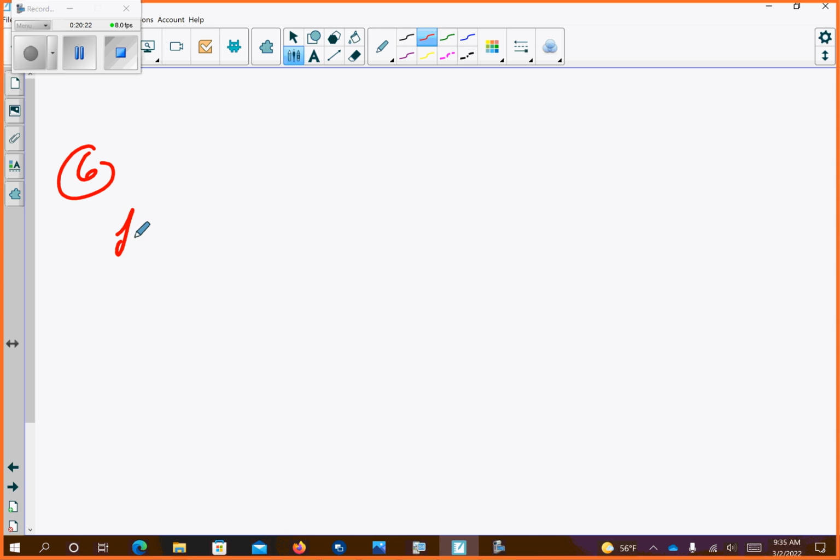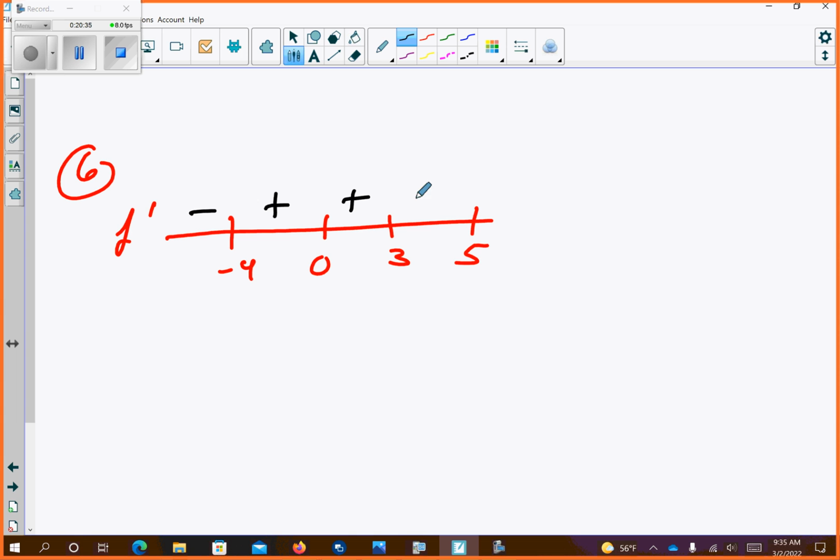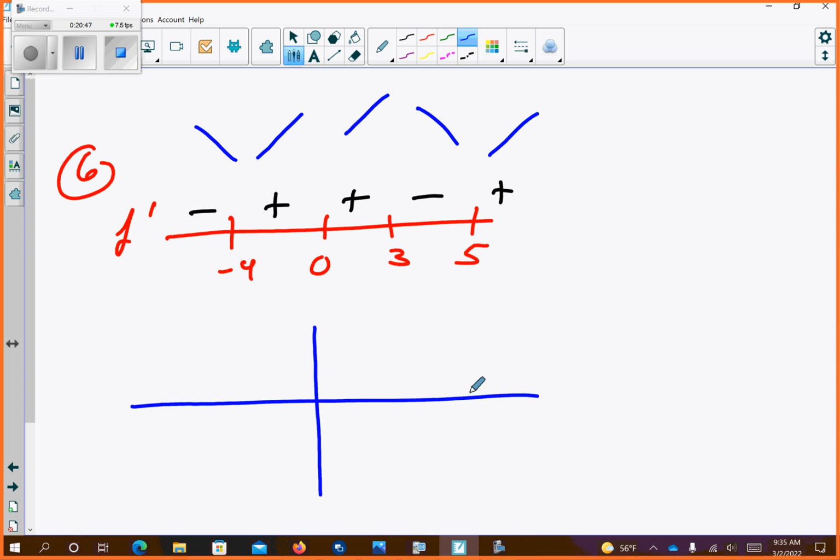They gave us an F prime chart, and we have -4, 0, 3, and 5. And we know that here is negative, then it's positive, positive, negative, positive. So we go from decreasing to increasing to increasing to decreasing to increasing.